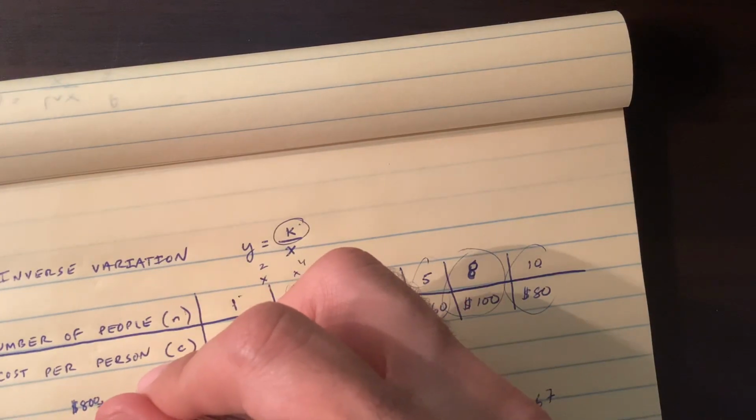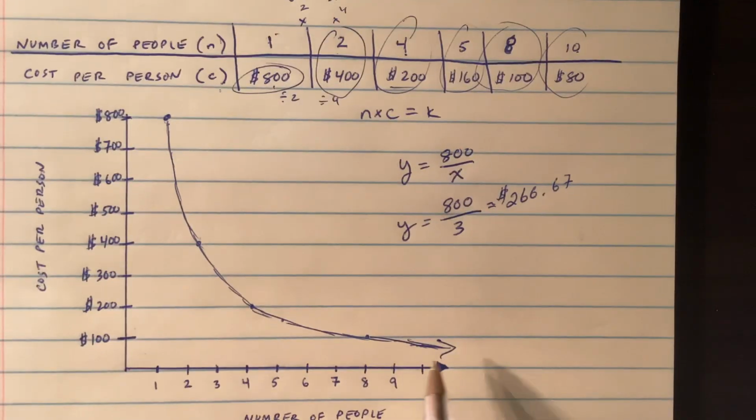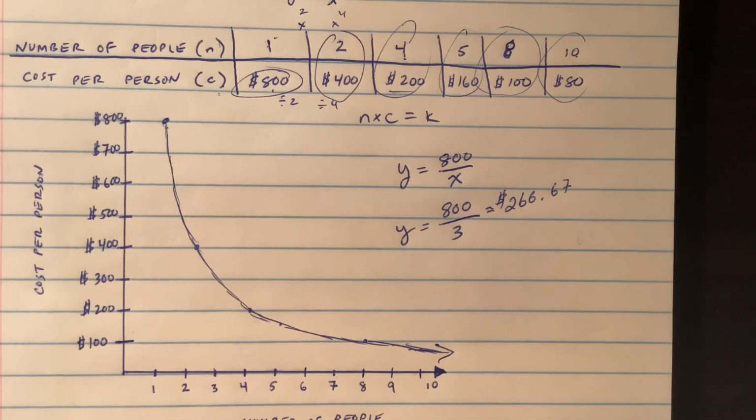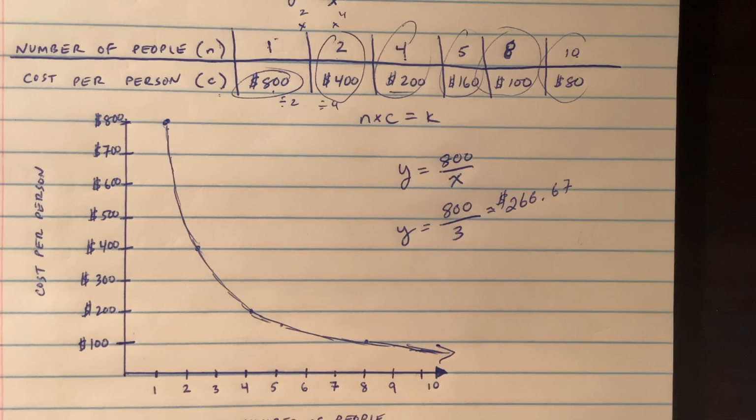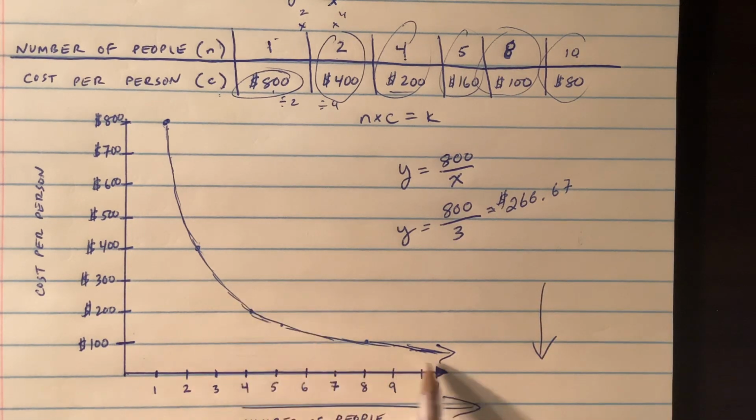Now, as the number of people increases, we see that the price per person decreases. So for this inverse variation function, as the input increases and goes to the right, the outputs decrease and get closer and closer to the x-axis.